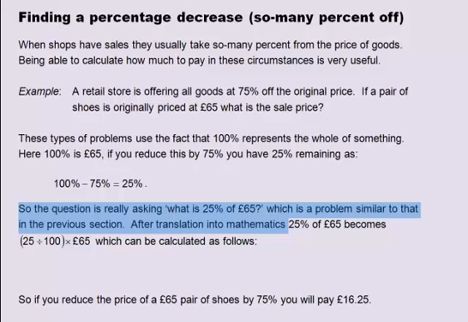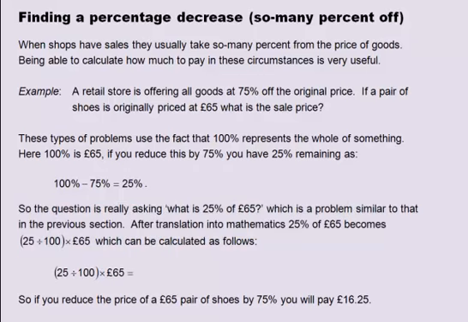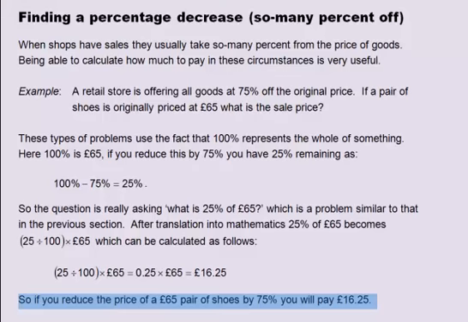After translation into mathematics, 25% of £65 becomes 25 divided by 100 multiplied by £65, which can be calculated as follows. 25 divided by 100 multiplied by £65 equals 0.25 multiplied by £65, which equals £16.25. So, if you reduce the price of a £65 pair of shoes by 75%, you will pay £16.25.